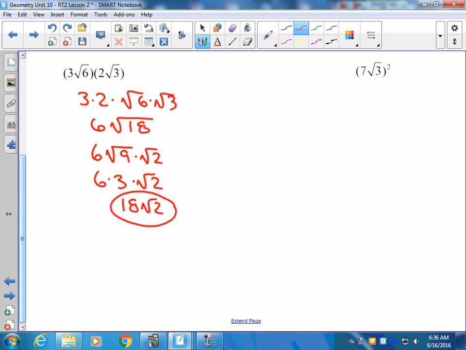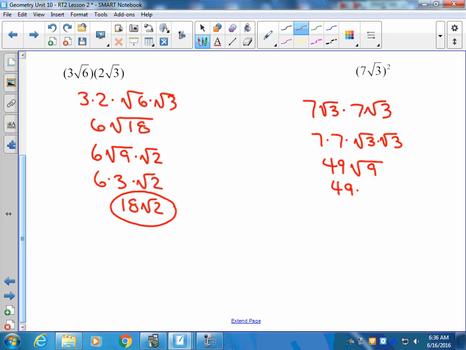Looking at our last example here, 7 square root of 3 times 7 square root of 3, when we square, we're just multiplying a value times itself. Then we reorganize. And we can finish by multiplying constant by constant, radical by radical underneath the root sign.